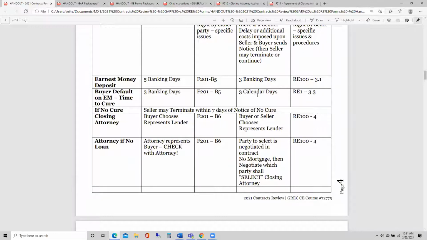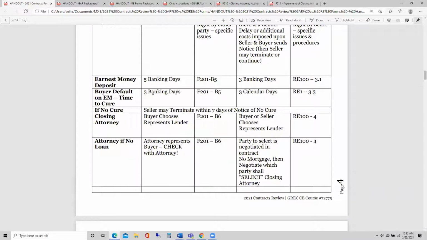So if you get that notice, let's say on a Friday, and you're binding under the RE forms, you've got Saturday, Sunday, and Monday. Well, if Monday's a federal holiday, that buyer better get to the bank before 12 noon on Saturday, or go get a money order, so forth and so on. So very different.